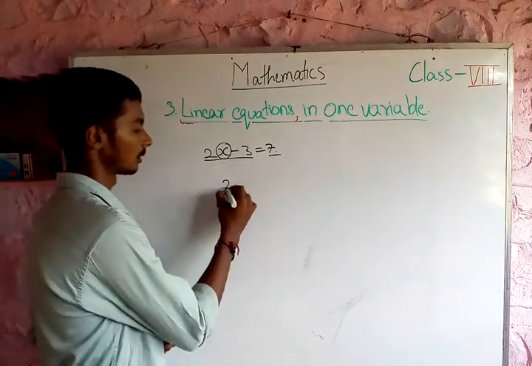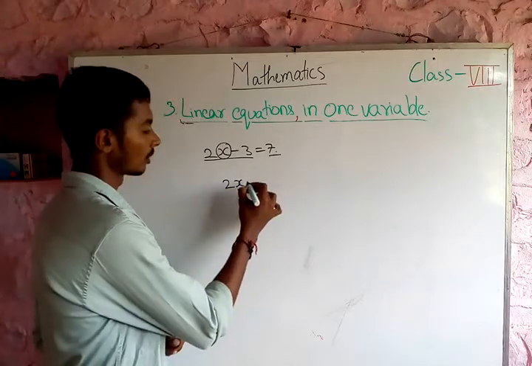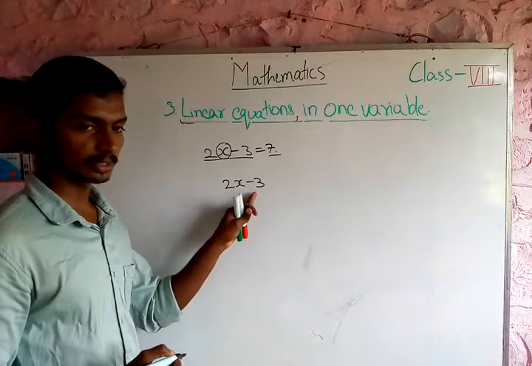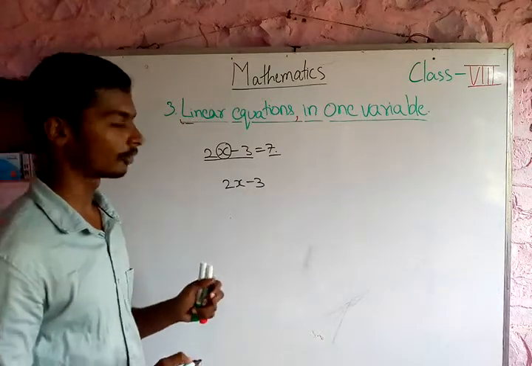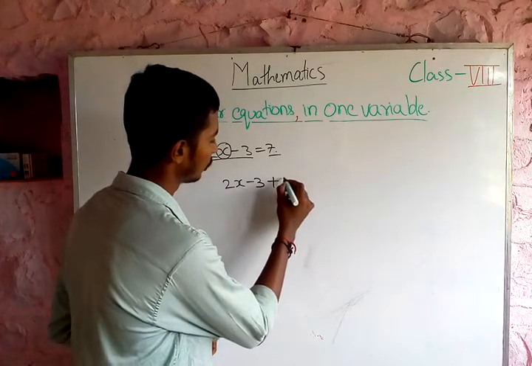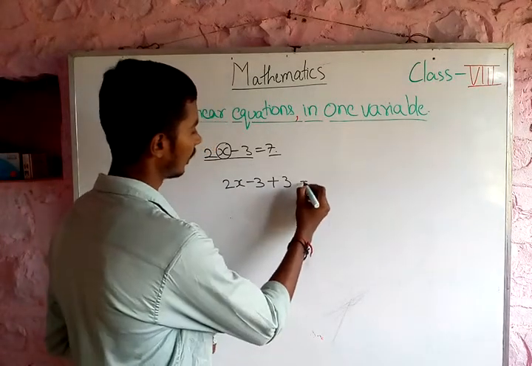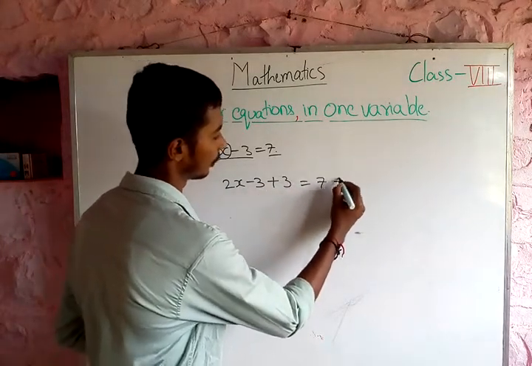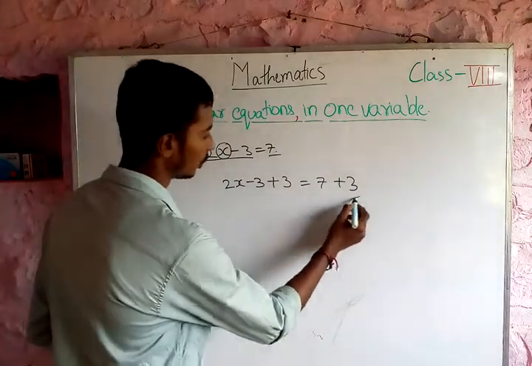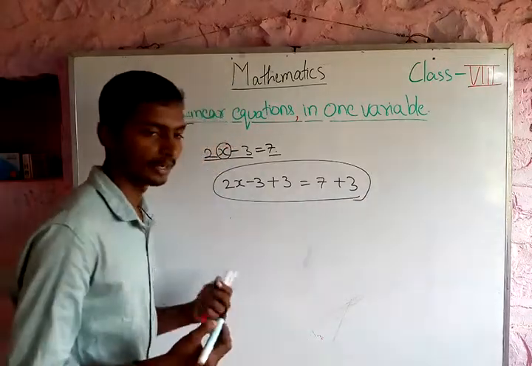Okay, now see here, 2x minus 3 I have. To remove this 3, what I will do is I will add 3 on this side and I will add 3 on this side. Then also the whole equation won't change. Why?